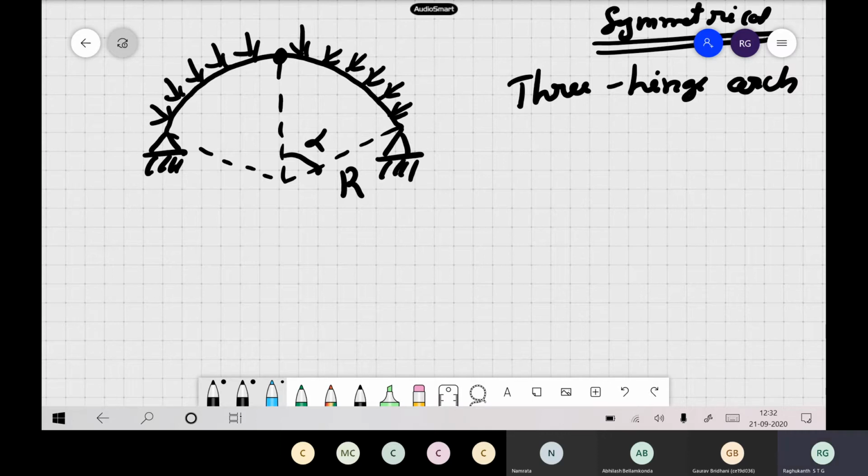See, this is a three-hinged arch. You followed, right? You are having the load, and one hinge on the top also. So you have a hinge on the top. Now in which mode is it going to break, symmetric or anti-symmetric?